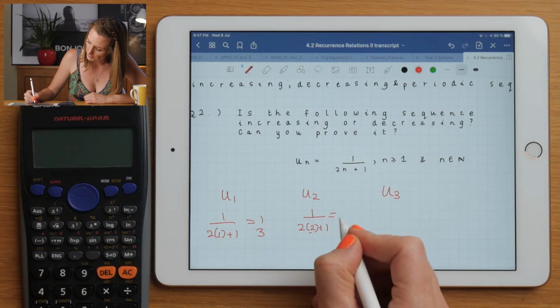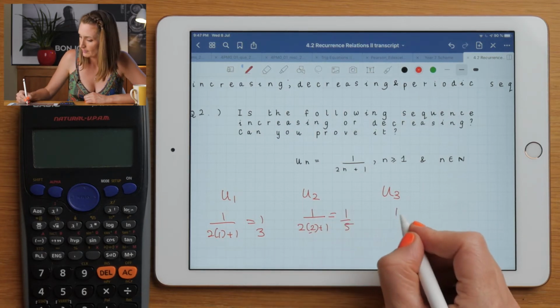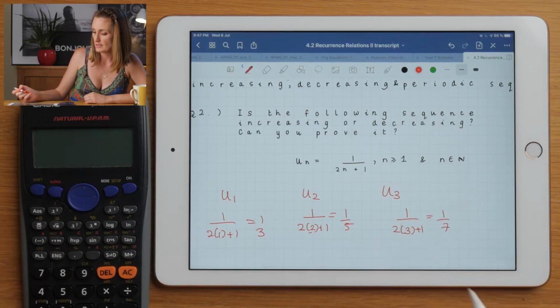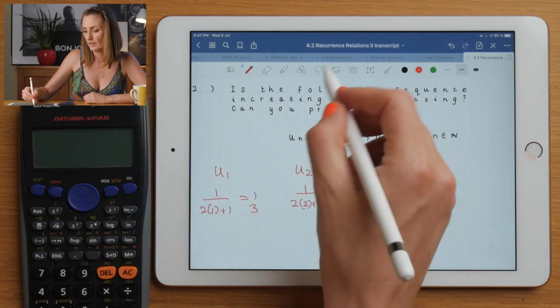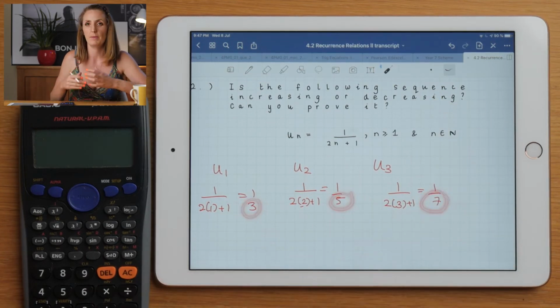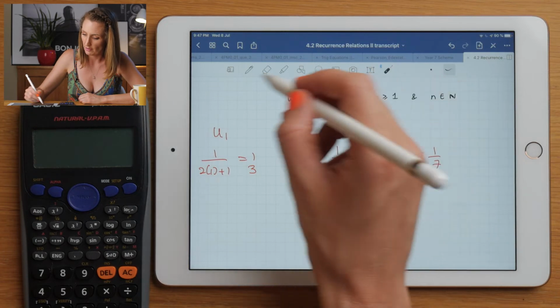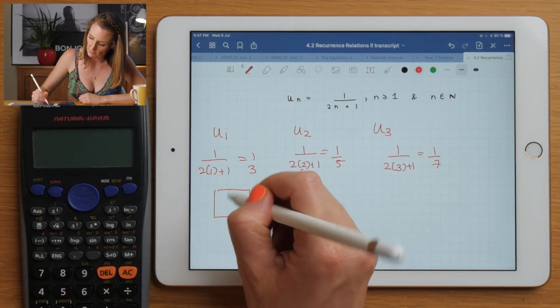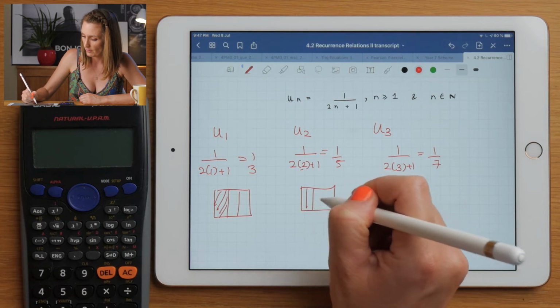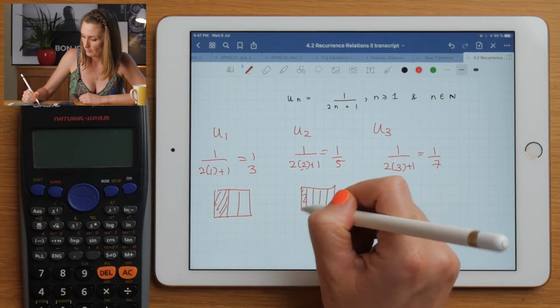So this would be 4 plus 1, a fifth. So this would be 6 plus 1, 7. So you can see that this sequence is getting smaller. And the reason why this sequence is getting smaller is because the number on the bottom is getting bigger. So if you think about what a third looks like, if this is 1, this is a third, whereas a fifth would be smaller again.